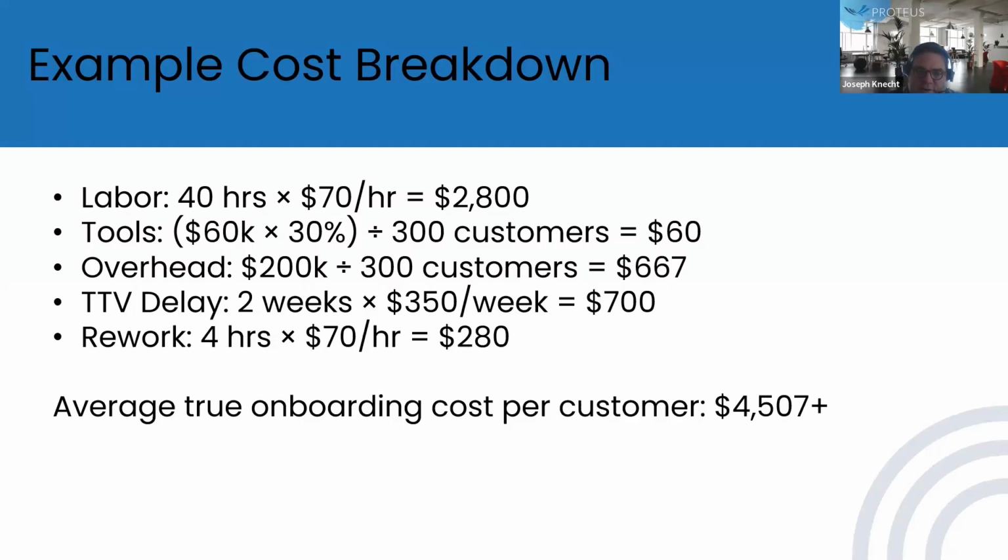So if you walk through this use case, the cost of deploying a client is just around 4,500, give or take. Looking at labor, we're putting about 50 hours in. Tools, you're going to figure all that out divided by customer. This is on a per customer level, divided by 300, clearly depending on the number of customers you have.